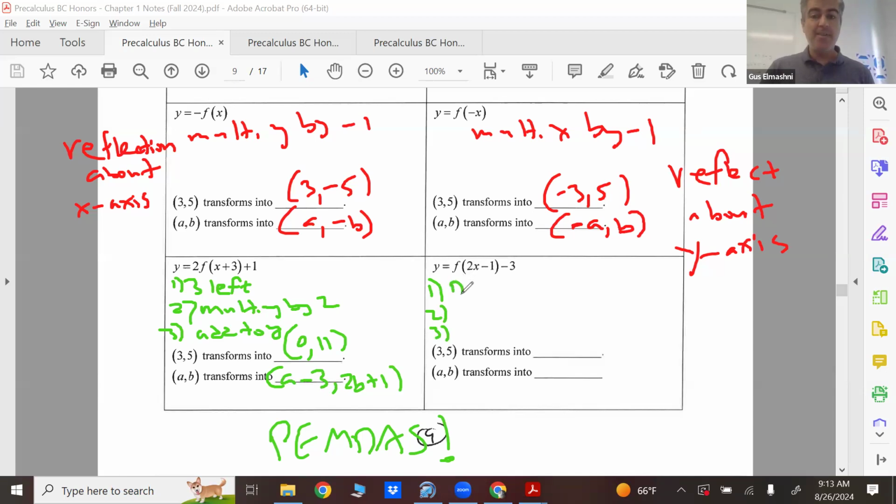So you got to divide x by 2. Then you're going to add 1 to x. And then 3 down, which is vertical, right? So it'll be 7, 2.